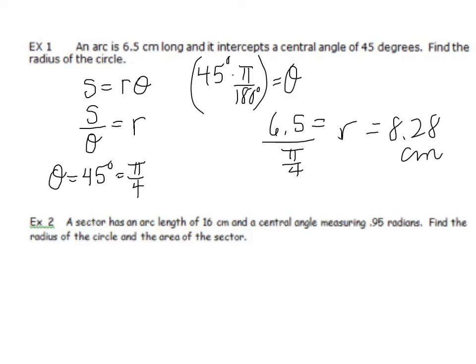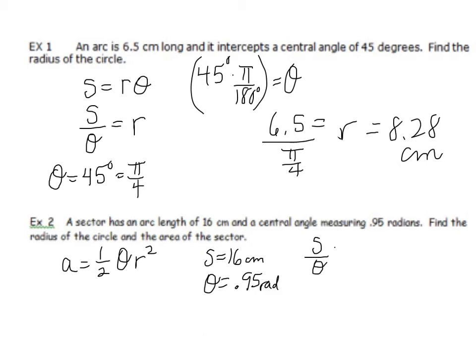Okay, on this bottom part down here, it says that the sector has an arc length of 16 and a central angle measuring 0.95 radians. Find the radius and the area of the sector. So the area of a sector is equal to 1/2 theta r squared. What has been given is an arc length, so s equals 16 centimeters, and theta is equal to 0.95 radians. I don't have the radius, but I do know that the radius from above is equal to the arc length divided by theta.